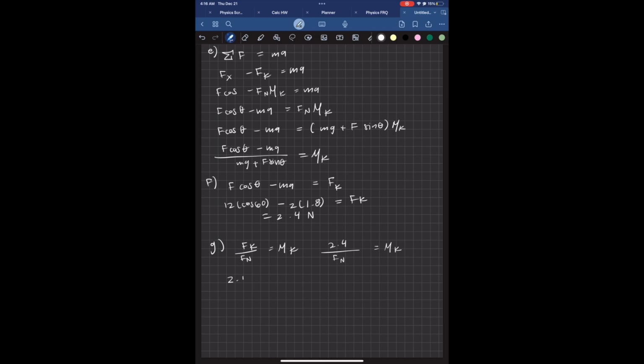Earlier I didn't mention, but I wrote down that f_n is mg plus F sine theta, so you just divide by 2 times 9.8 plus 12 sine 60. When you simplify that, mu_k is going to be equal to 0.08.